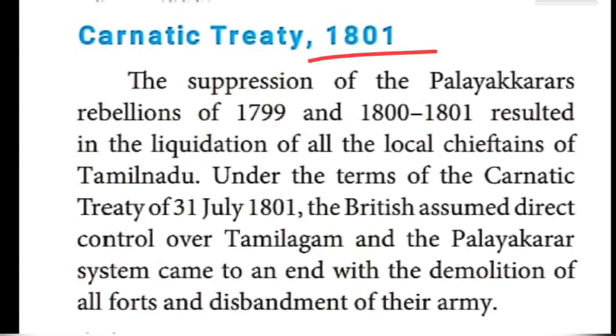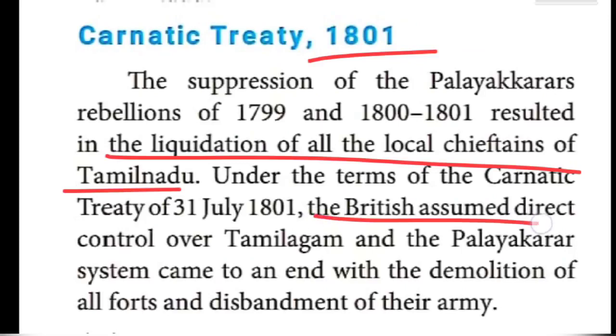Then 1800 to 1801 resulted in the liquidation of all the local chieftains of Tamil Nadu. Under the terms of the Carnatic Treaty, the British assumed direct control. By which treaty?